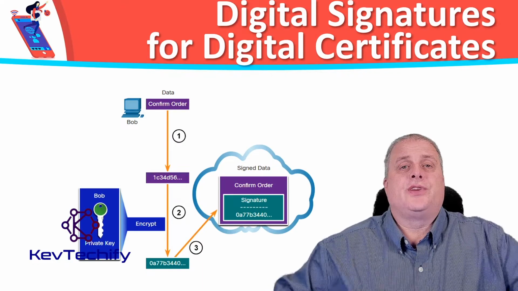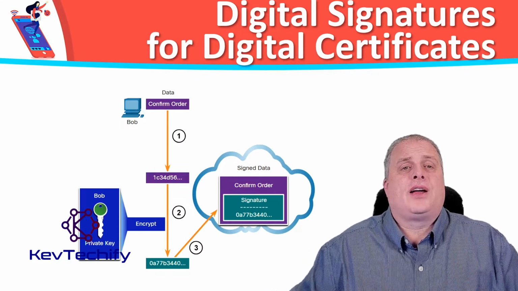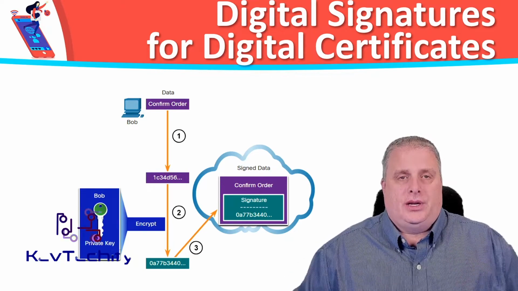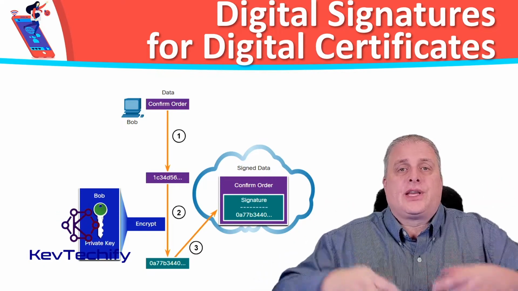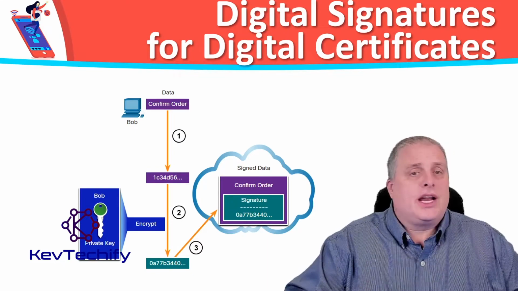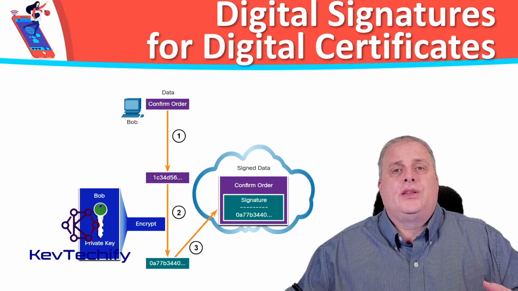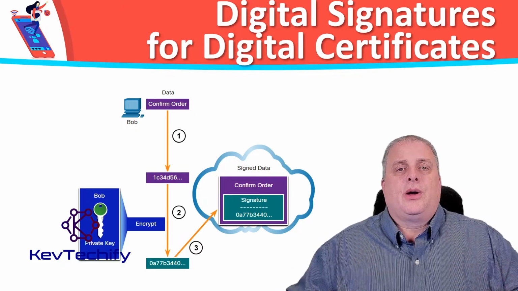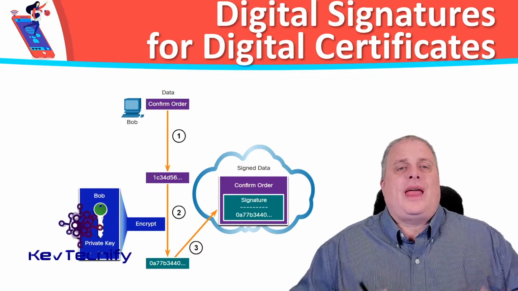A digital certificate is used to authenticate and verify that a user who is sending a message is who they claim to be. Now, digital certificates can also be used to provide confidentiality for the receiver with the means to encrypt a reply. Here we have a scenario. Bob is confirming an order with Alice.